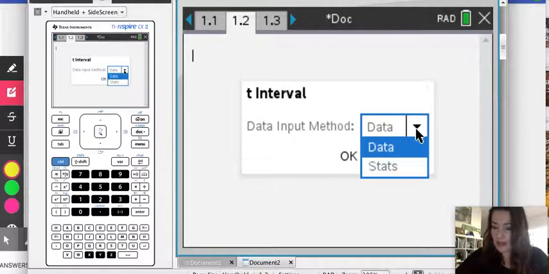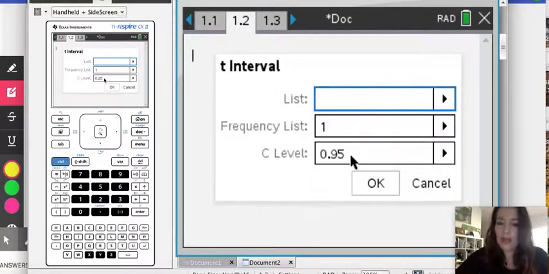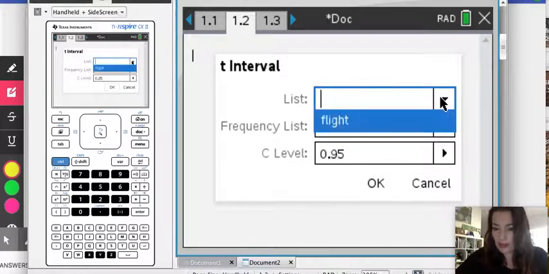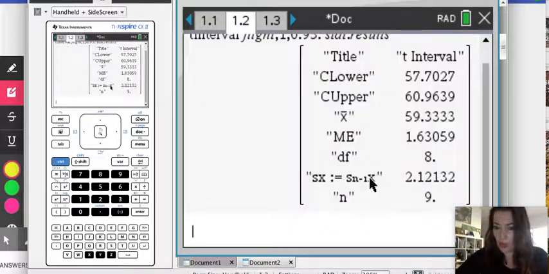Stats means that they gave you the sample average and the sample standard deviation. But we do not have the statistics, we have the data, and that is our list. So I'm going to keep it at data and enter the list, which I named flight. We want a 95% confidence interval, so I'm going to keep that at 95% and press OK.